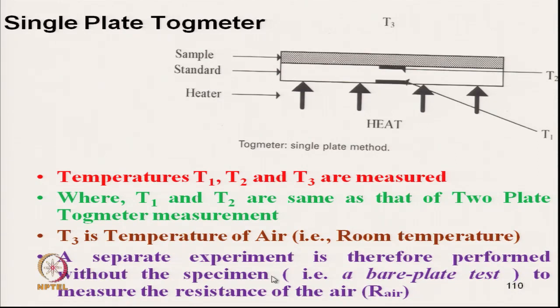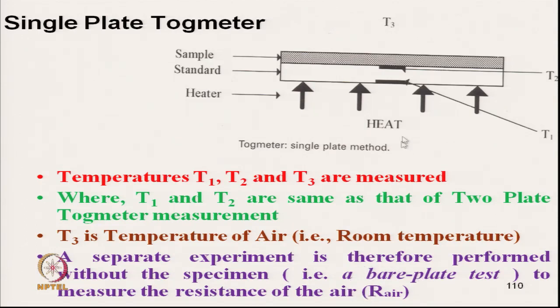A separate experiment is therefore performed, because the insulation we are getting here is the insulation of air and the specimen together. That is why we need to conduct a separate experiment without the specimen, called the bare plate test, to measure the resistance of air, which is expressed as R air.